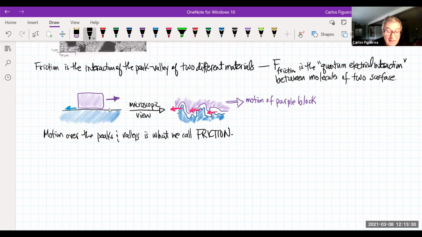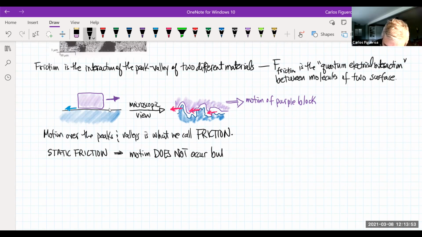So what you're going to find is that if I have static friction, motion does not occur, but there is a tendency to want to move.